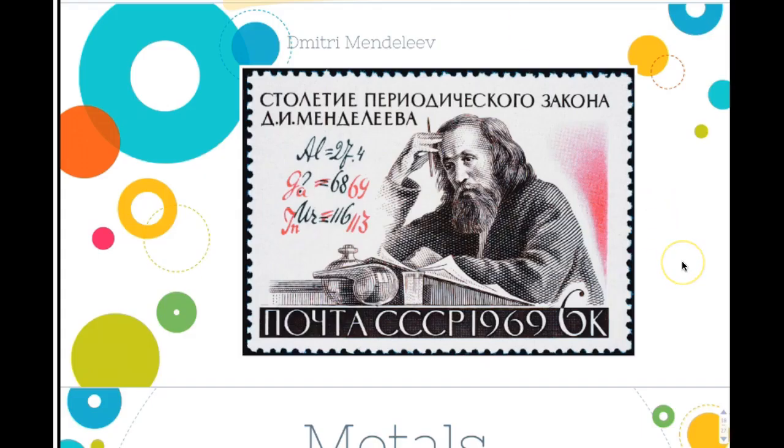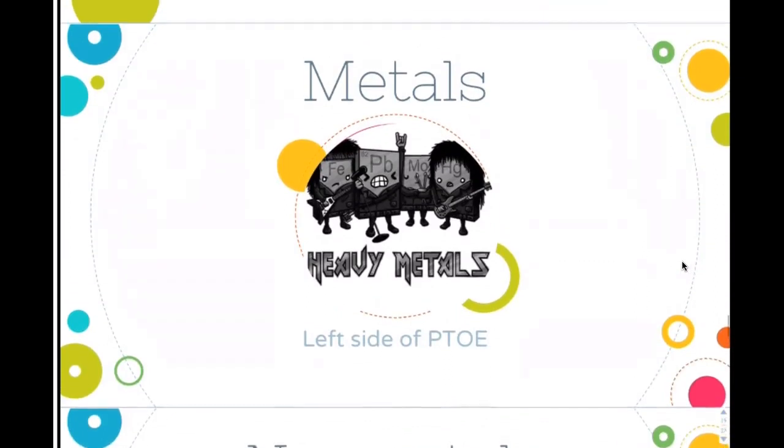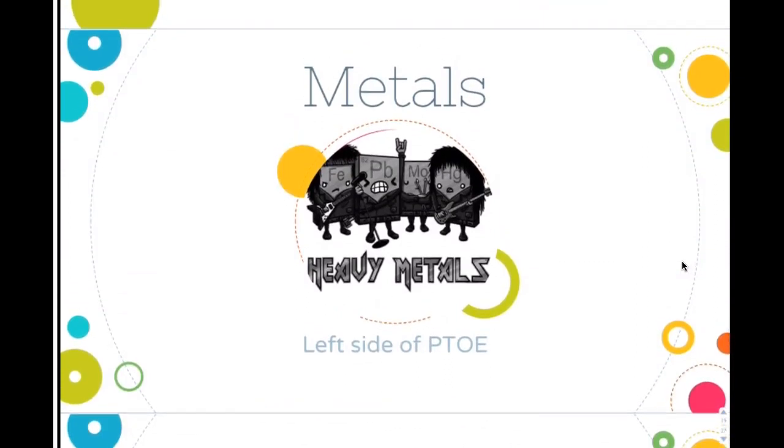It's really interesting. So let's talk a little bit about metals. So metals are on the left side of the periodic table, and I don't say the middle of the periodic table because we kind of differentiate the periodic table as left and right side on the basis of that stair step. So you'll say left side of the periodic table if you're asked a multiple choice question about this. And then the metals are going to have specific properties. And so metals do conduct electricity, and they conduct heat.